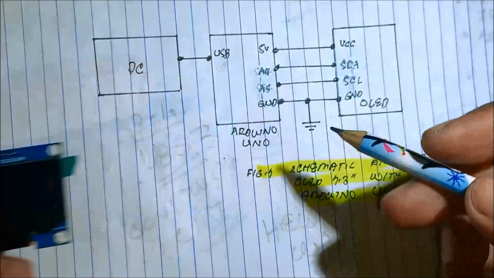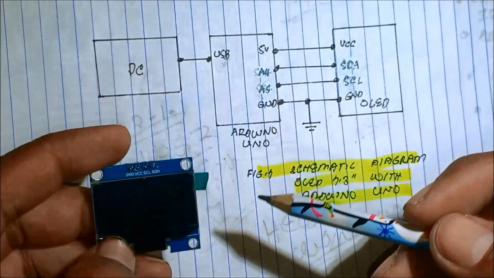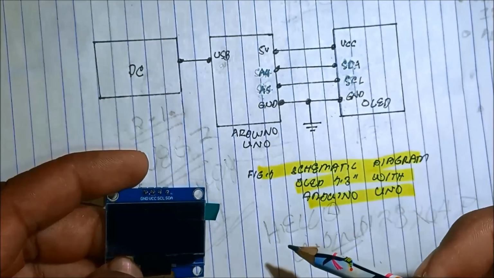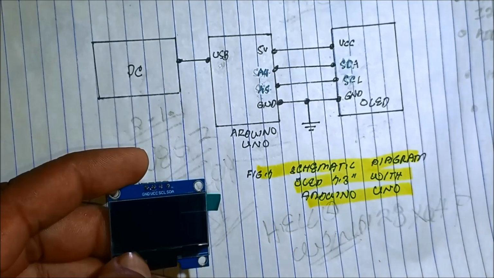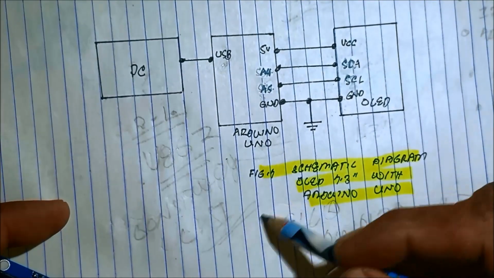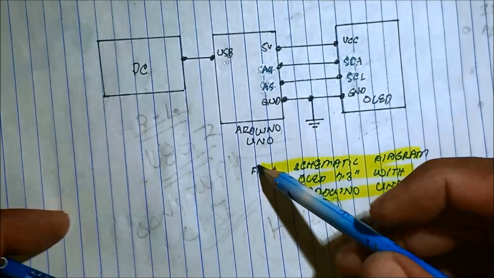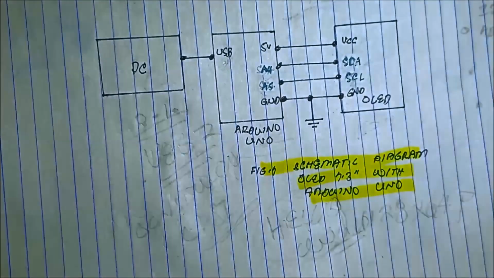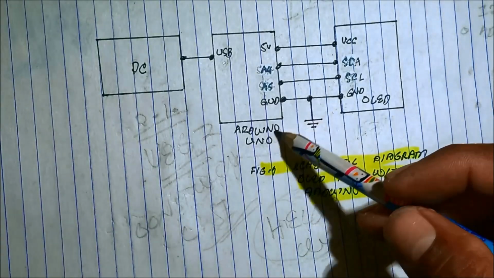OLED stands for organic light emitting diode. And we use the hello world code from the library of the Arduino IDE.